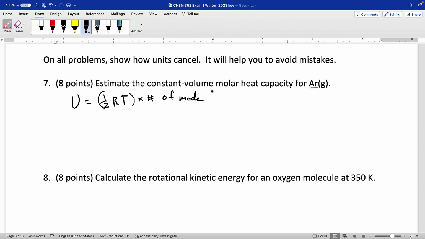And we don't have to worry about whether or not to include vibration, because this is argon, so there's no vibrations. In fact, all we have is translation, right? We don't have any rotation or vibration. So this is going to be 3 times 1/2 RT, which gives us the value for the internal energy.